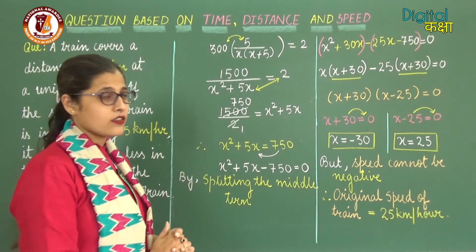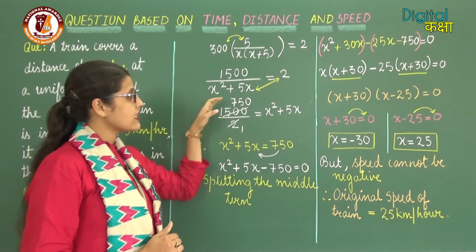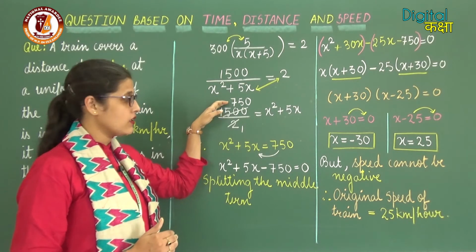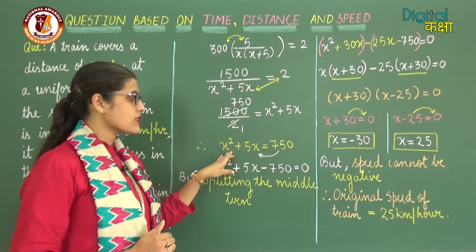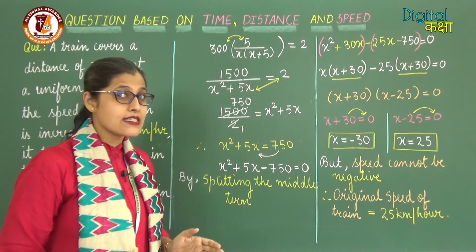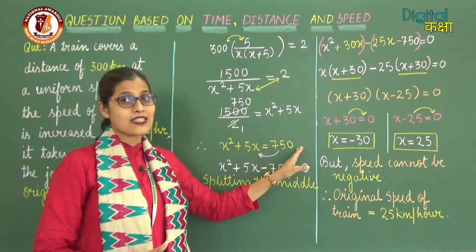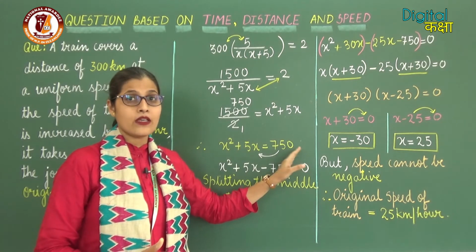On simplifying 1500 by 2, we will be getting 750, which is equal to x square plus 5x. We can read it as x square plus 5x equals 750.